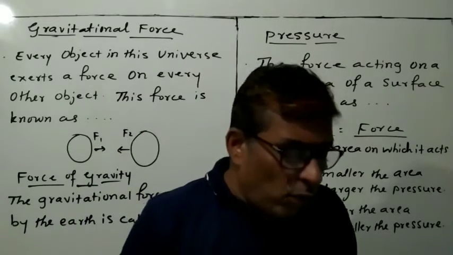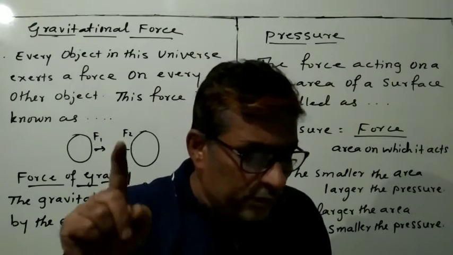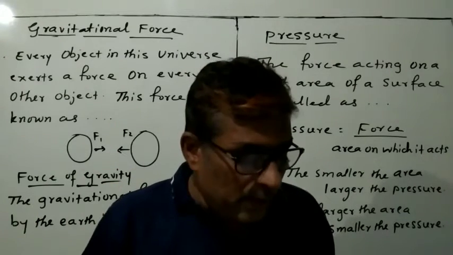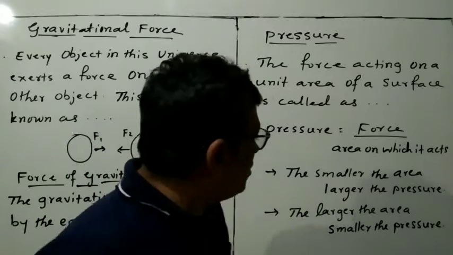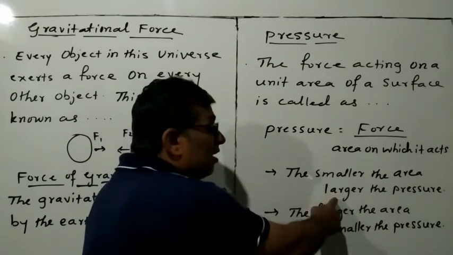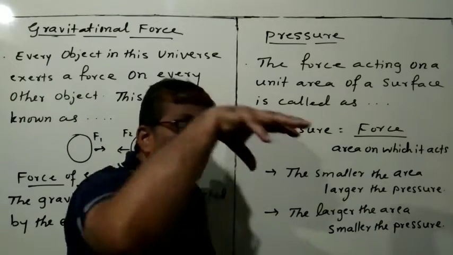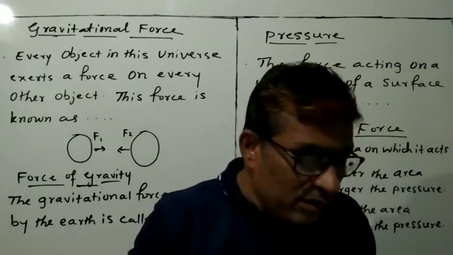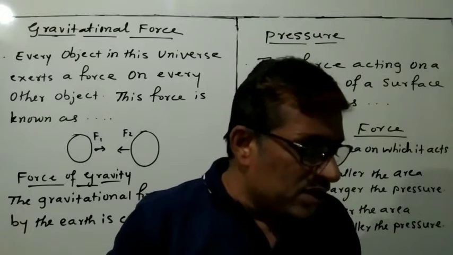So the understanding point here, dear students, is: the smaller the area, the larger the pressure, and the larger the area, the smaller the pressure. Just one or two activities we will discuss.